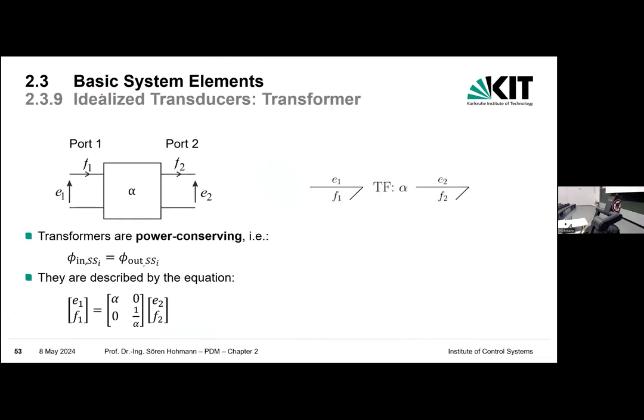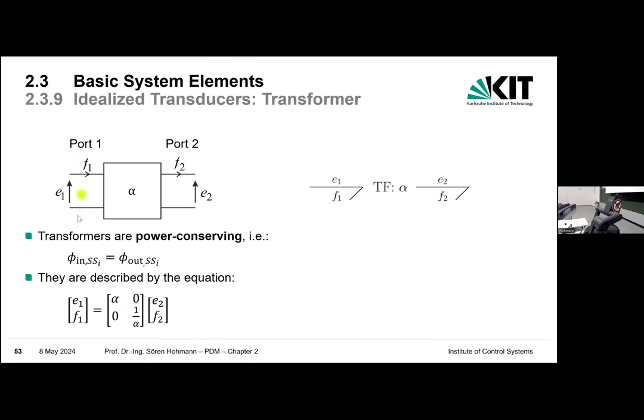And I want to start with introducing a transformer, which you already know from electrical engineering. The working principle is given here in general as follows. The effort variables are coupled.